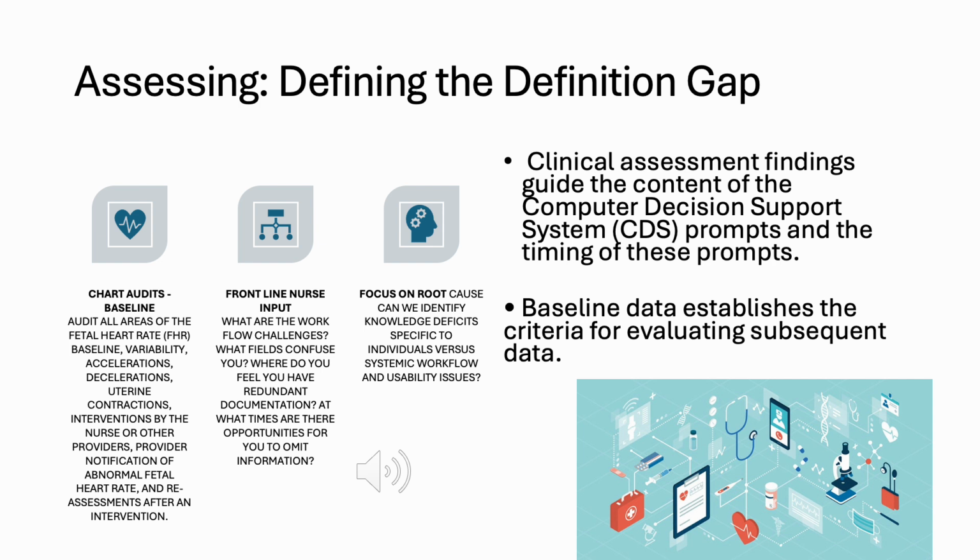Basically, clinical assessment findings will help guide the content of the computer decision support system prompts, and help to provide a timely manner of these prompts, basically by having audits, whereas people audit people's charts to make sure that they are accurately putting in the correct baseline, the variability of the strip, seeing if the strip has accelerations and decelerations, and making sure that the uterine contractions align with what is present on the strip, and not to mention seeing if the nurse is doing the correct interventions, which in turn will be seeing also if they have notified the provider in a timely manner on abnormal fetal heart rates and tracing.